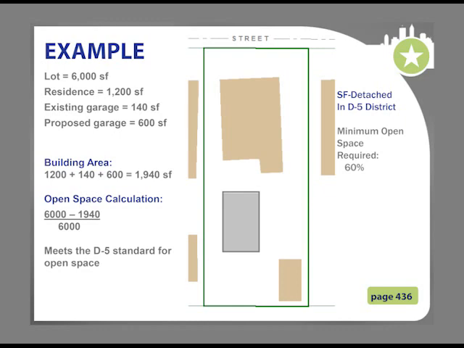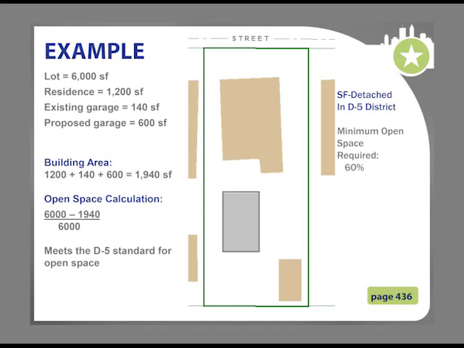So you could do even a 900 square foot garage addition in this example, because even though the sum exceeds the size of the primary unit, you still meet the open space requirement.